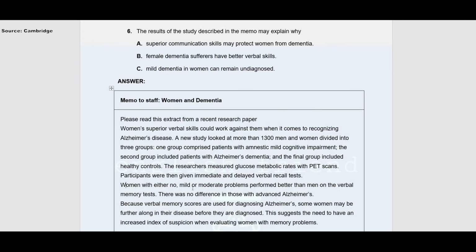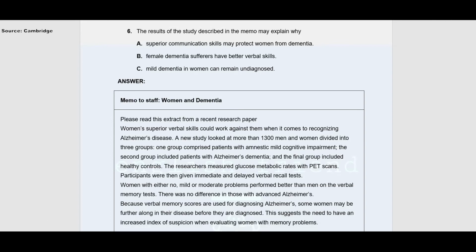Women with either no, mild or moderate problems performed better than men on verbal memory tests. There was no difference in those with advanced Alzheimer's. Because verbal memory scores are used for diagnosing Alzheimer's, some women may be further along in their disease before they are diagnosed. This suggests the need to have an increased index of suspicion when evaluating women with memory problems.